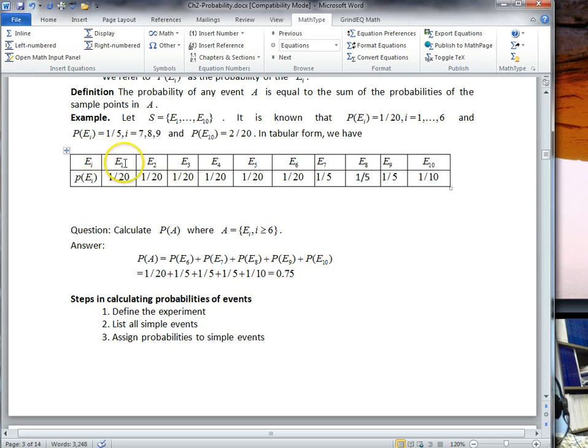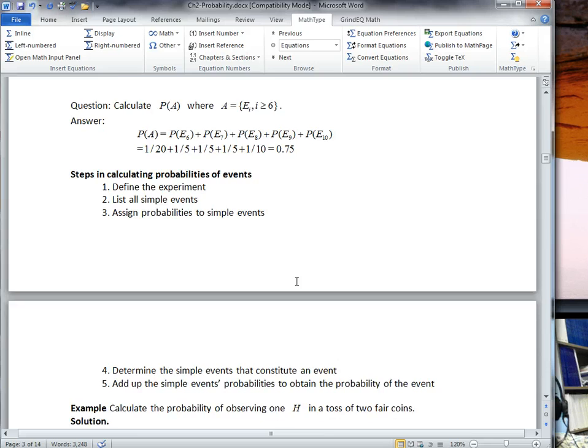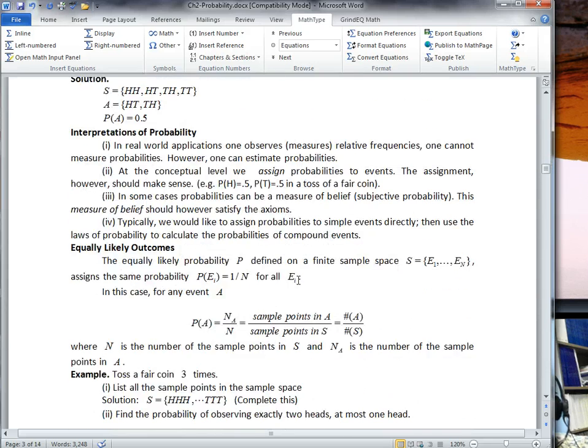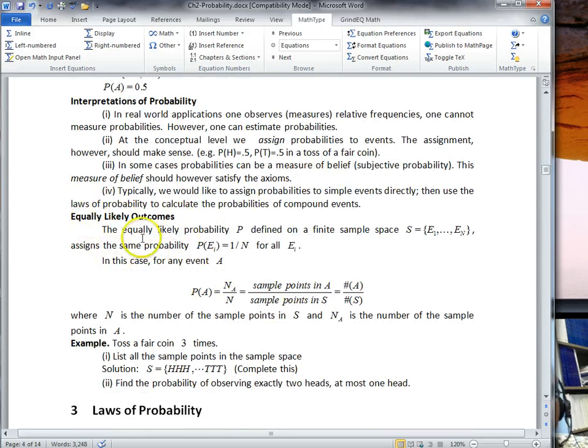Well, if these were all equally likely, each one of them being 1 over 10, 1 over 10, 1 over 10, and so on, then I know I have 1, 2, 3, 4, 5 in A, and all I have to do is divide 5 by 10. That's when my events are called equally likely. So that's what equally likely means.